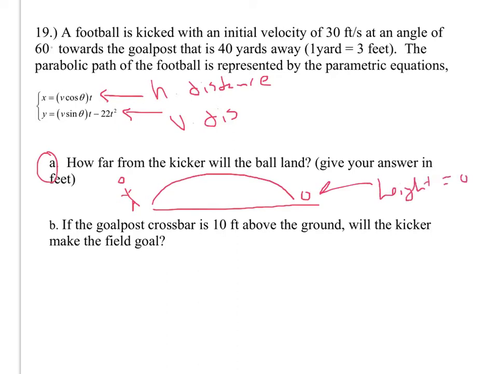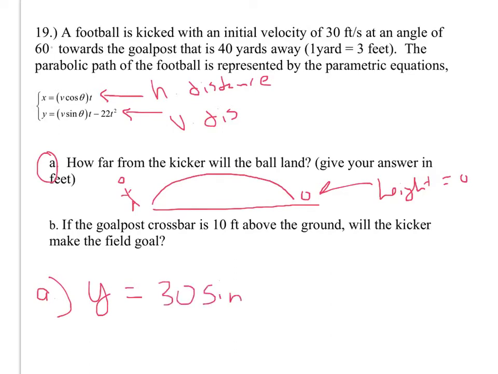Well, that's a vertical distance, so I'm going to use the givens that are given to me at the beginning of the problem. So for part A, I'm going to plug in the information that I need. I need my y equation, and I know that the velocity is 30 feet per second.